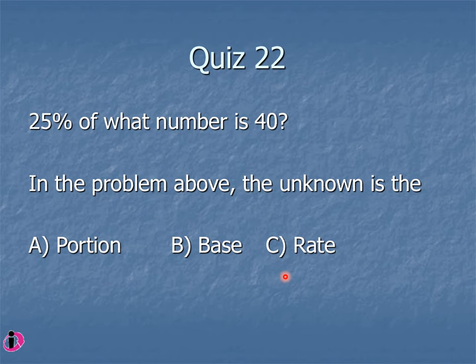Let's look at another example here. 25% of what number is 40? So what is unknown here?